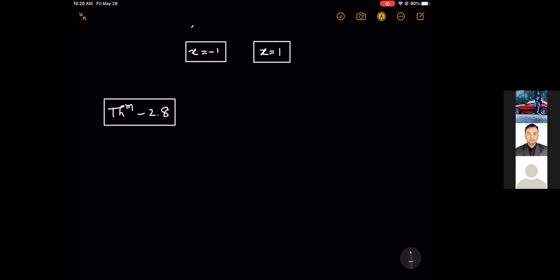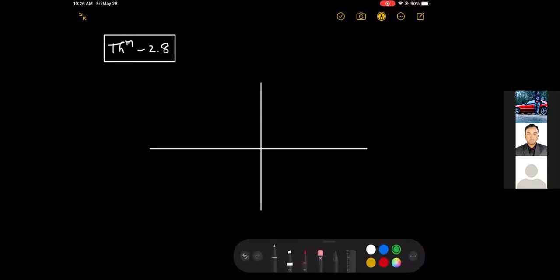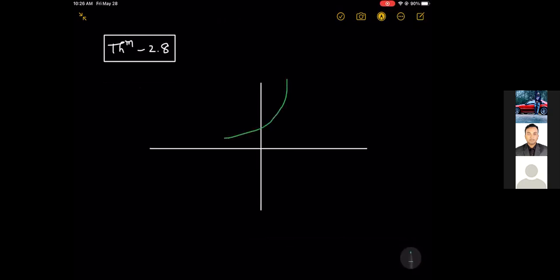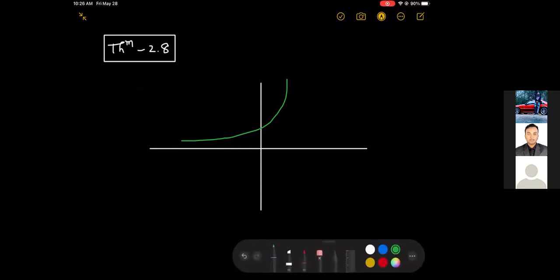Okay, so the graph of e to the x, let me draw it for you. The graph of e to the x looks like this. Okay, and the graph of the natural logarithm looks like this.